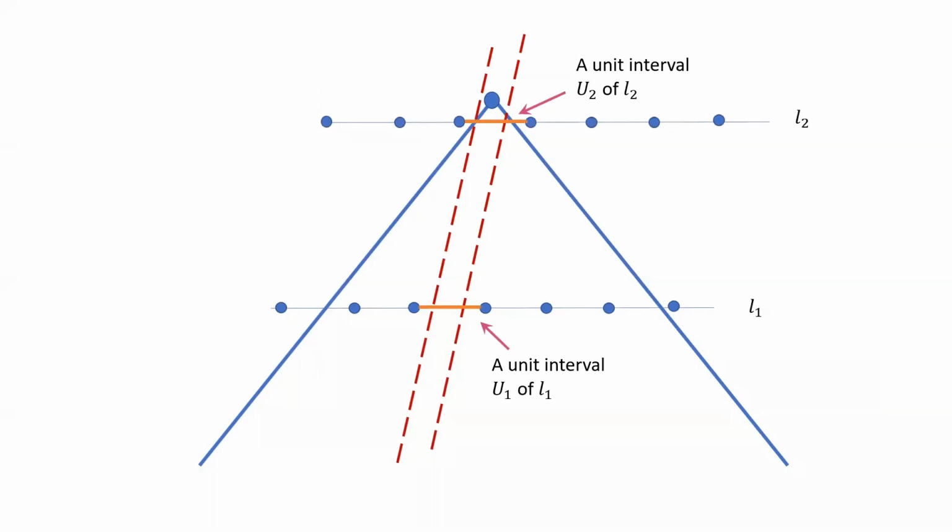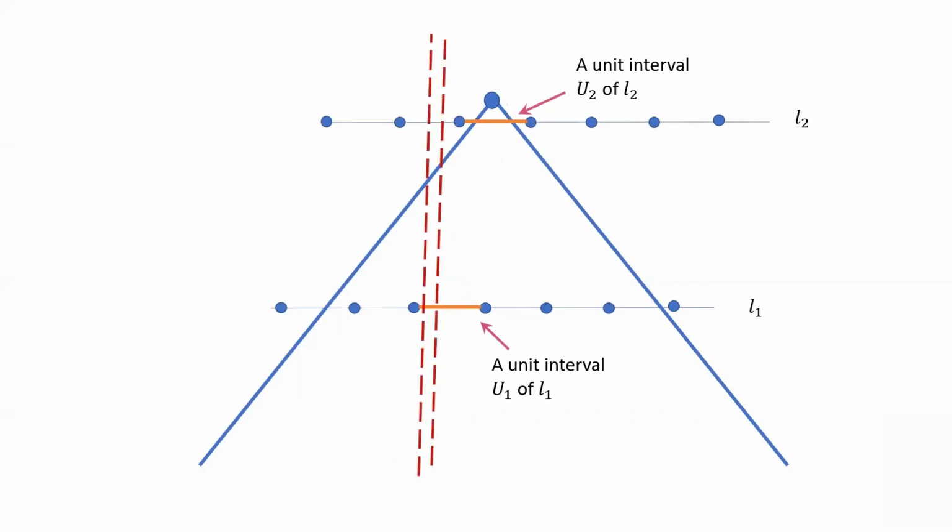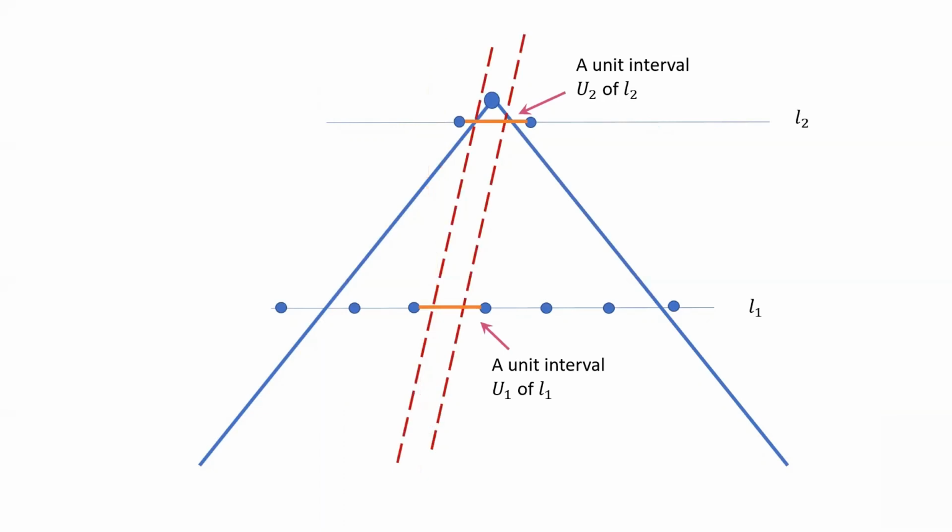If a split set's interior intersects with a union interval of L2 other than U2, then it can never produce an effective split cut. Therefore, we only need to study the split sets such that their interiors intersect with U2, just like this red split set. We also assume that this red split set's interior intersects with the union interval U1 of L1 on the facet.